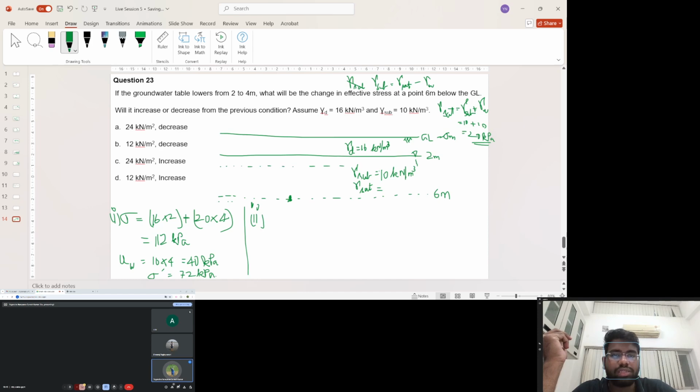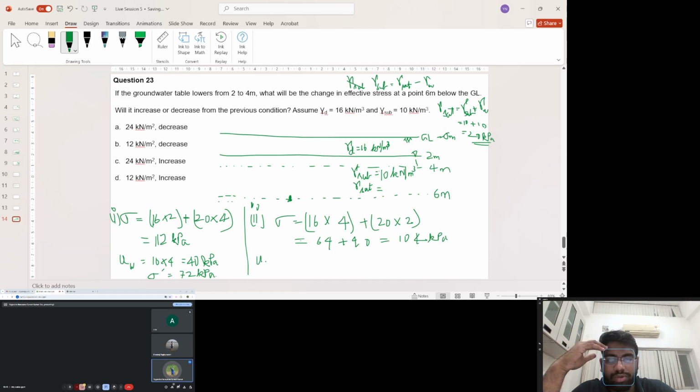That is, the dry part is increasing. Now this is 4 meters. Now what happens to total stress? Earlier it was 16 into 2. Now it is 16 into 4, ignoring the capillary action, plus 20 into 2, which is 64 plus 40, 104 kilopascal.